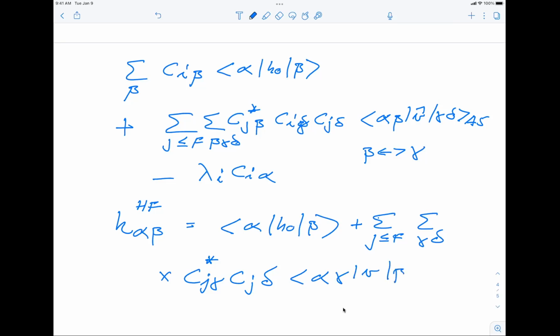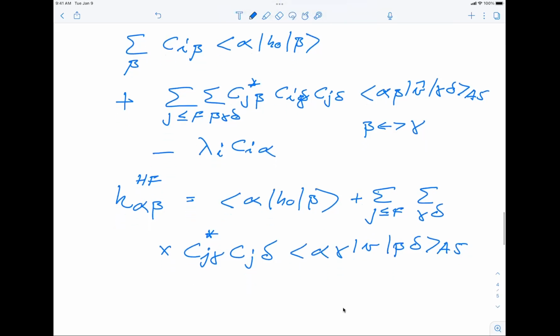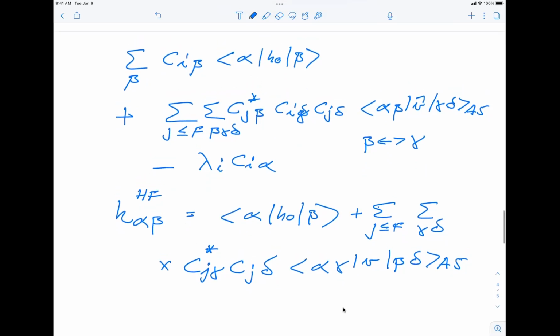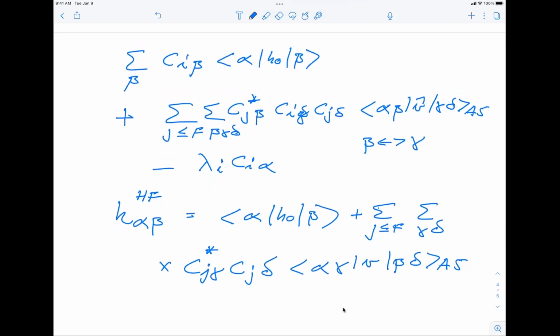And now I have beta of beta and delta here. Does that seem plausible? So the only thing I did is pick out this term here. So that's why I don't have the coefficient here. I just relabeled this so that I can actually single out the ci beta.